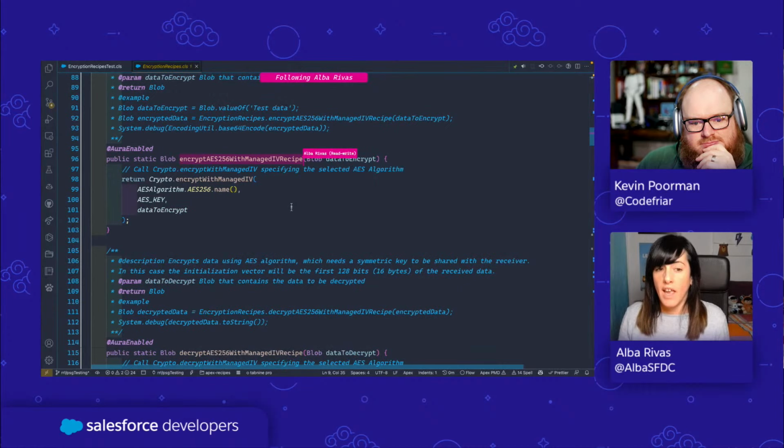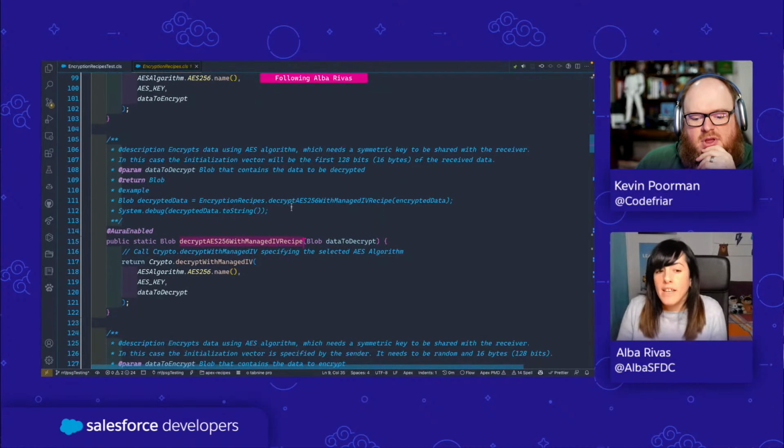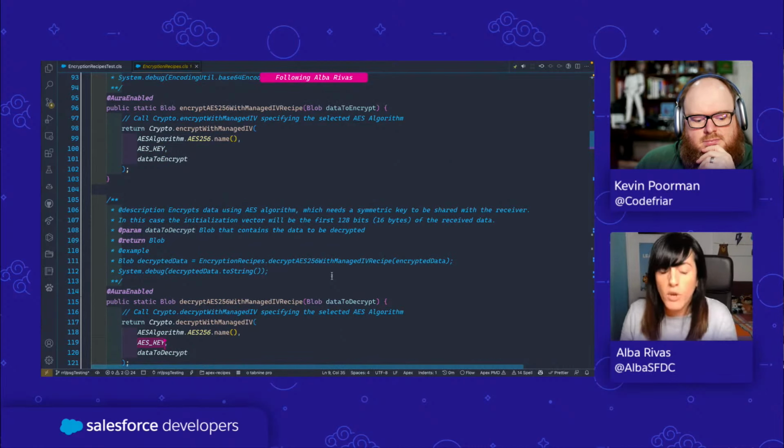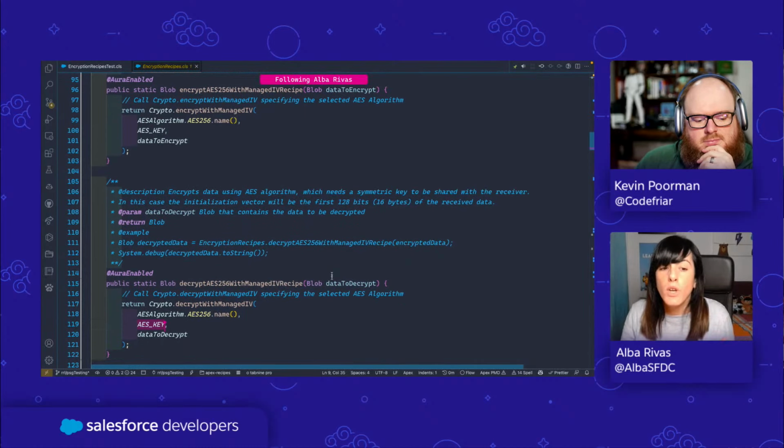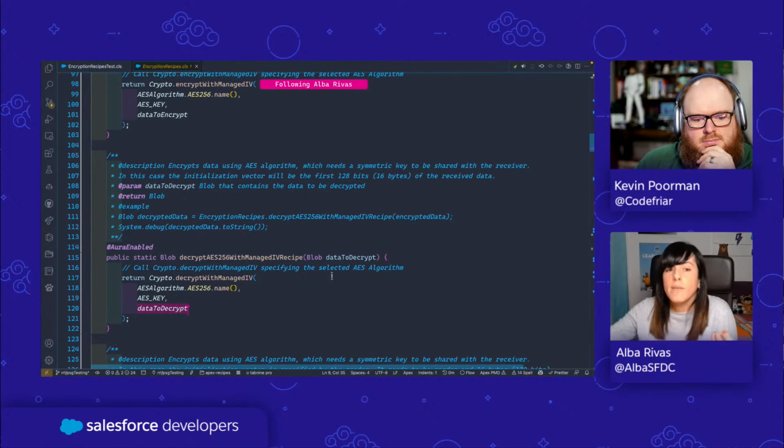So we have the encrypt method, and equivalently we have the decrypt method. Basically, it's the same usage, right? We use the method, setting the name of the algorithm that we want to use, the symmetric key. Look here that the key is exactly the same one that we are using in the encryption operation and in the decryption operation, and then the data to decrypt, which is the data that has arrived to the receiver, right?